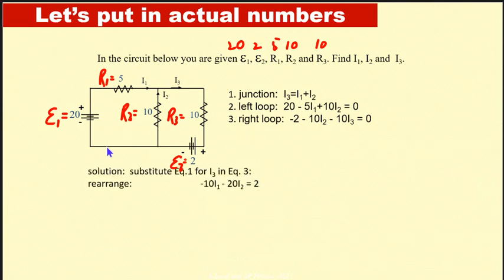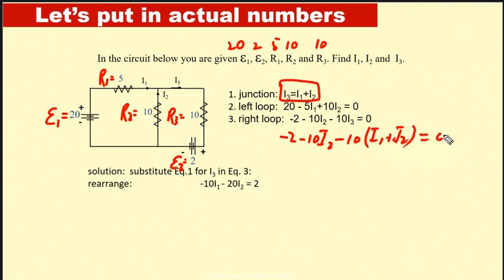Okay, next step. As you can see here, I have already written it for you. So what I did here, I used I3, meaning I3 is equal to I1 plus I2, in equation 3 here. So simply what we did is, this is minus 2 minus 10 I2 minus 10 times I3, which is I1 plus I2, and this is equal to 0.